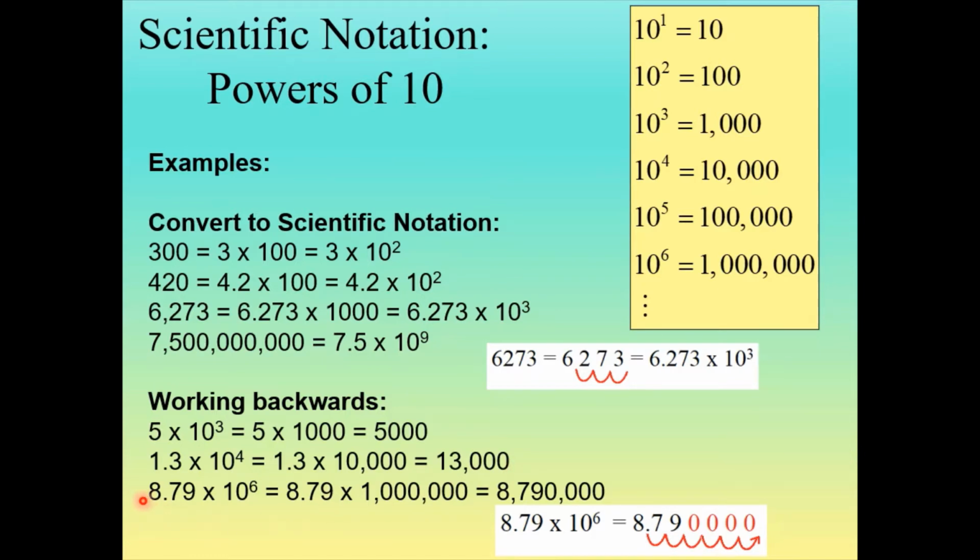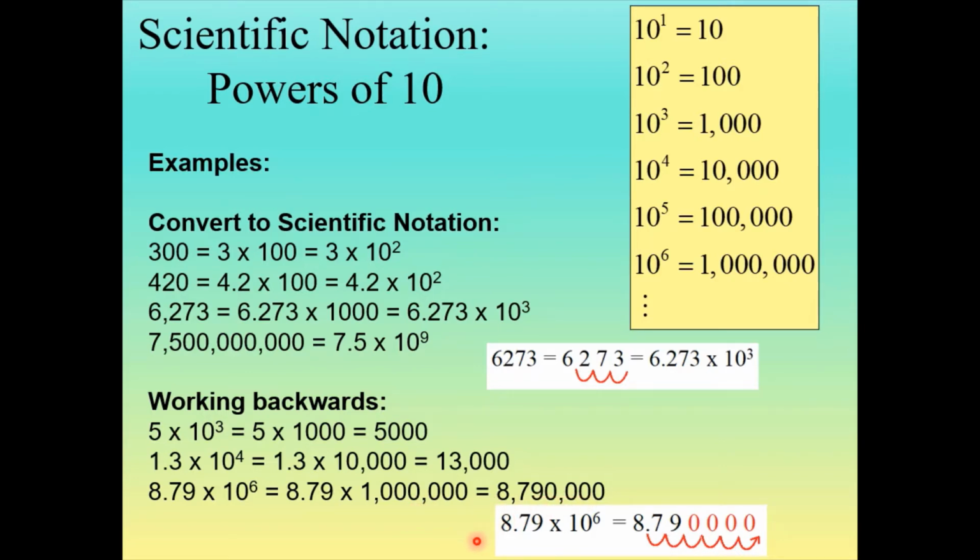If we have something like this, 8.79 times 10 to the sixth, there are two ways to do this. We can write it as 8.79 times 1 million, right? 10 to the sixth shown right here is 1 million, and that's 8,790,000.